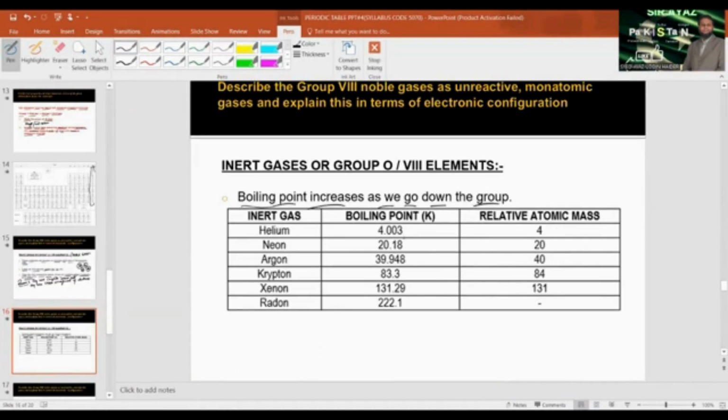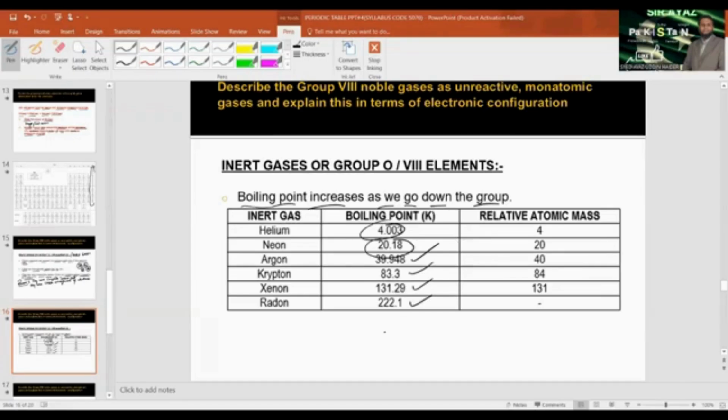These are boiling points mentioned in Kelvin. For helium, it's 4. For neon, it's 20.18. For argon, it's 39.948. For krypton, it's 83.3. For xenon, it's 131.429. For radon, it's 222.1.